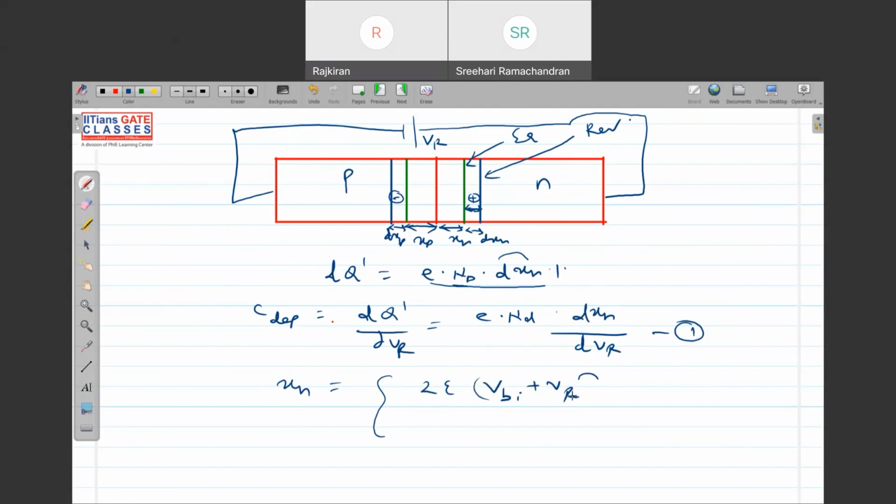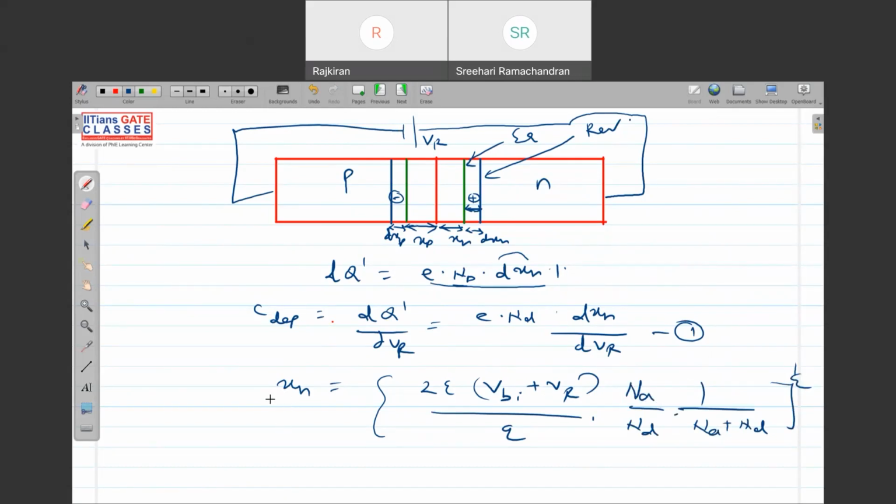Earlier it was only VBI, but when my field is increased, it should be VBI plus VR.